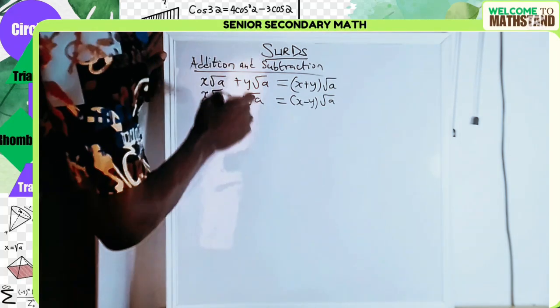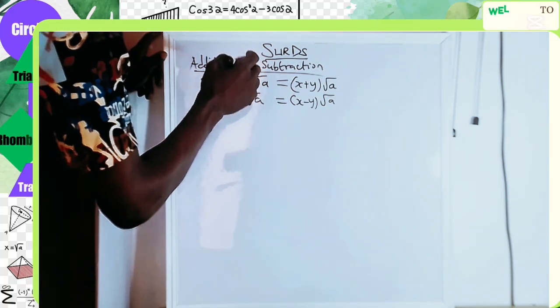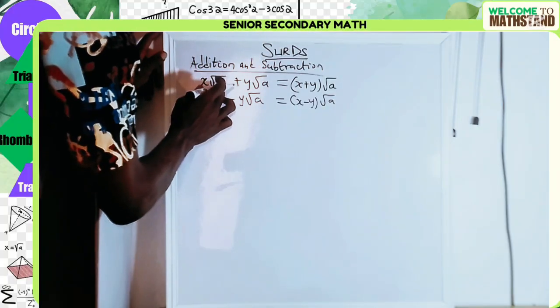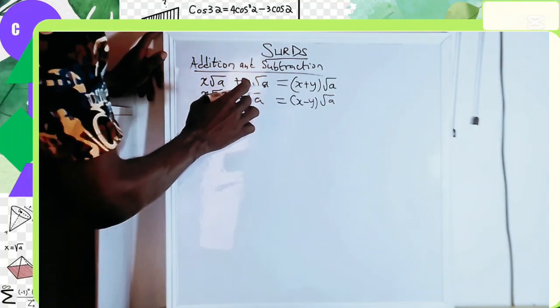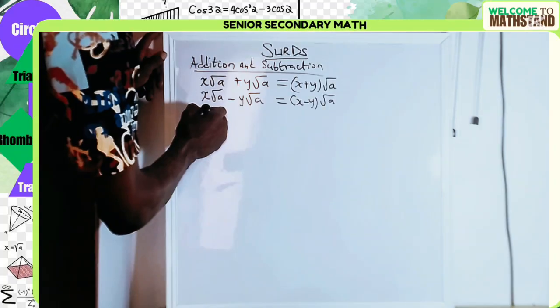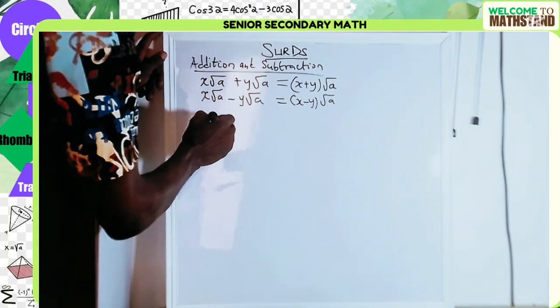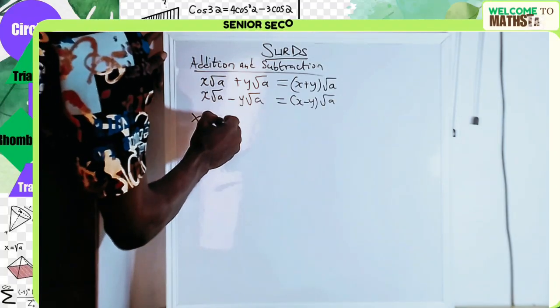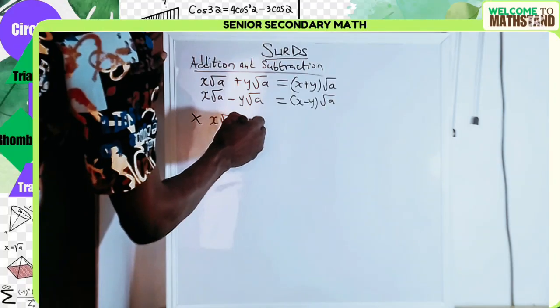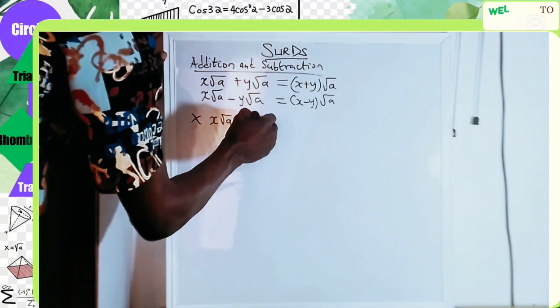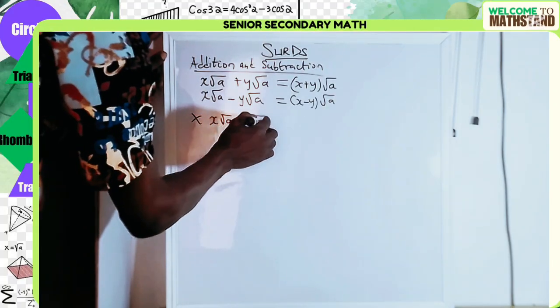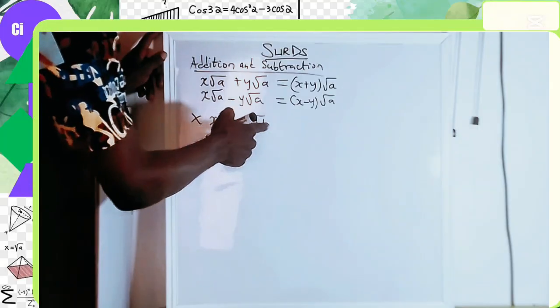But note, we cannot add different surds. For example, you cannot add x√a plus y√b, sorry, different surds. This is √a and this is √b.